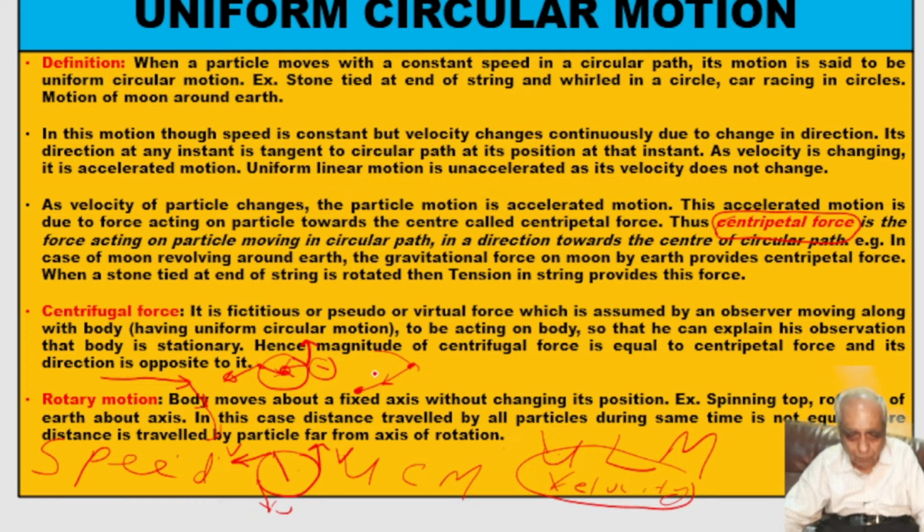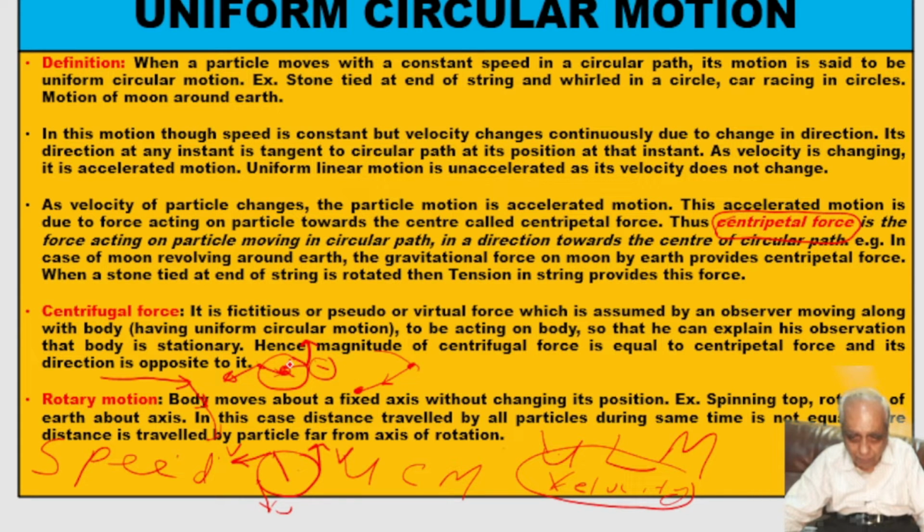So these are the examples. Tension in the string is providing centripetal force. Here the attractive force between the moon and earth, or the attractive force between the electron and nucleus, provides the centripetal force.